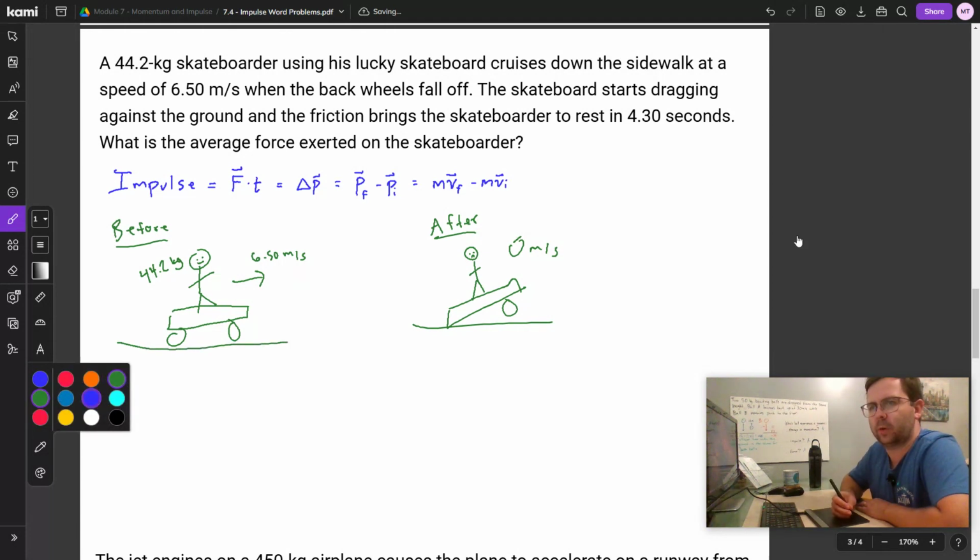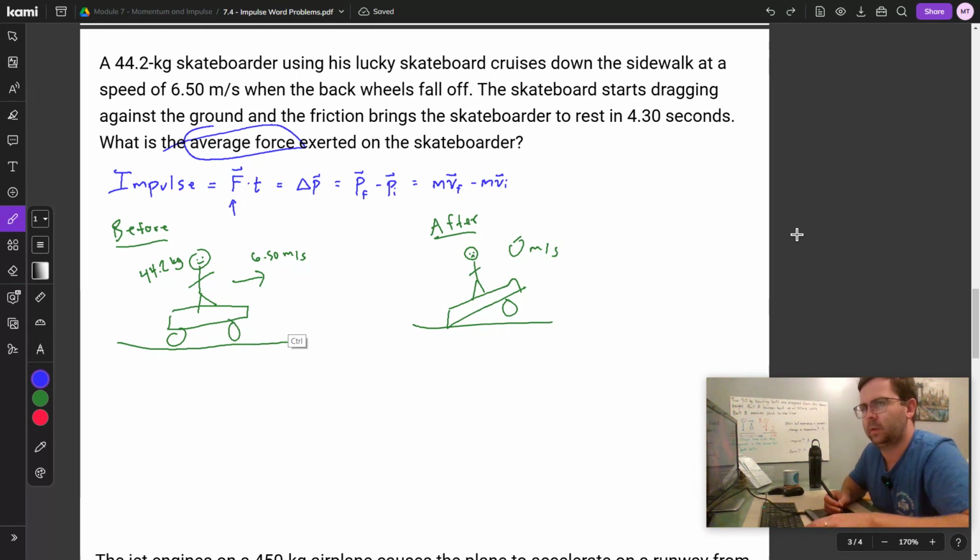All right, so I've got my picture drawn here. Now I'm ready to start solving the question, which asks for the average force exerted on the skateboard. So we're going to be looking for this quantity here. Let's go ahead and write down what we know. We know the mass of the skateboarder is 44.2. We have an initial velocity of 6.50, and that's in the positive direction in this case, to the right.